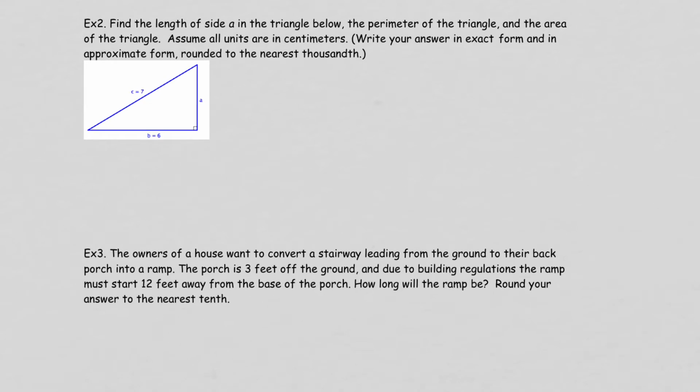this time the hypotenuse is given, right? C is given, B is given, we need to look for A. So when we replace it in the Pythagorean theorem, we have 7 squared equals A squared plus B, which is 6 squared. And that gives you 7 squared minus 6 squared equals A squared.